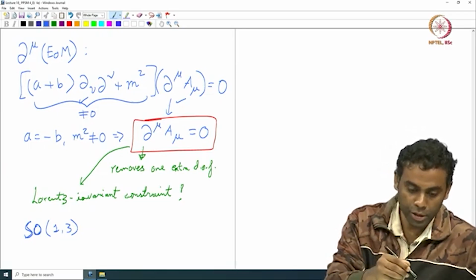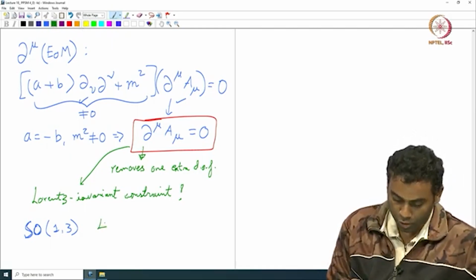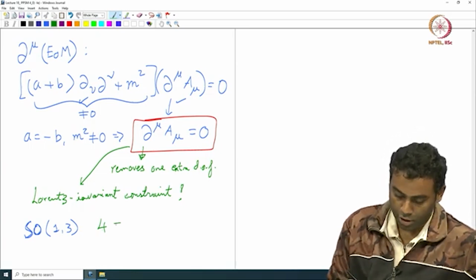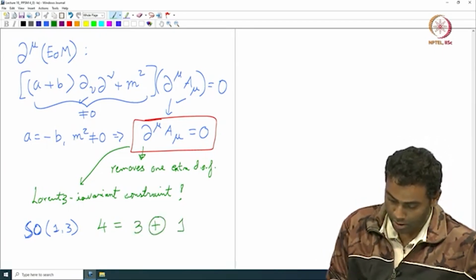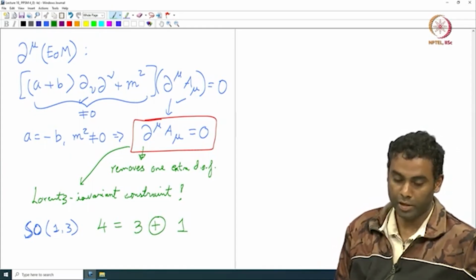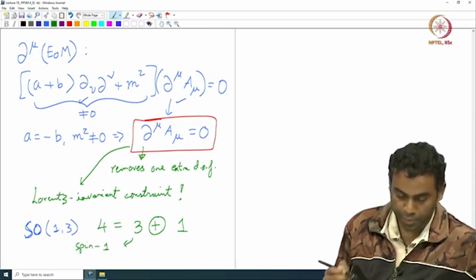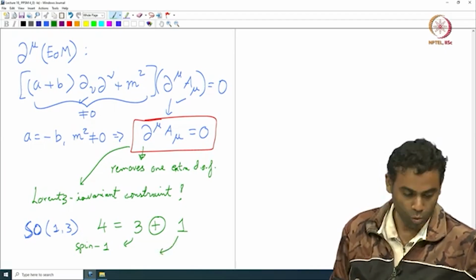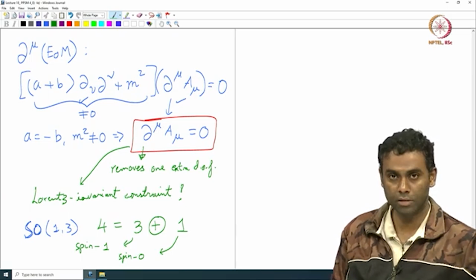So in some intuitive notation I am going to write down that because you have 4 vectors there is a 4 representation for the Lorentz group which can break down into a 3 and a 1, agreed, where the 3 corresponds to spin 1 fields, right, which we just saw you need to have 3 degrees of freedom, and 1 corresponds to spin 0 fields, right.